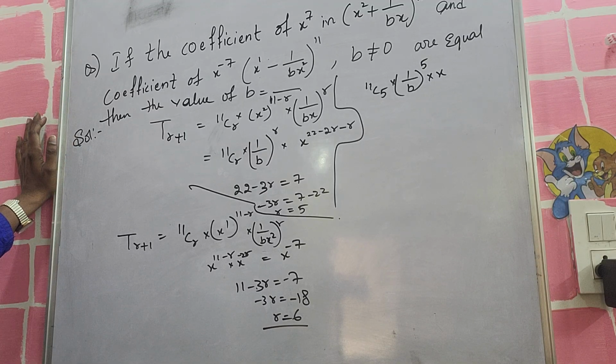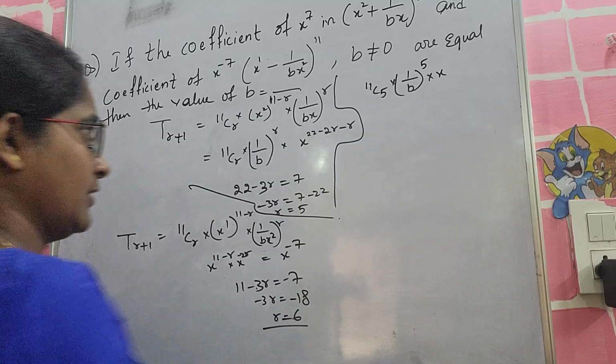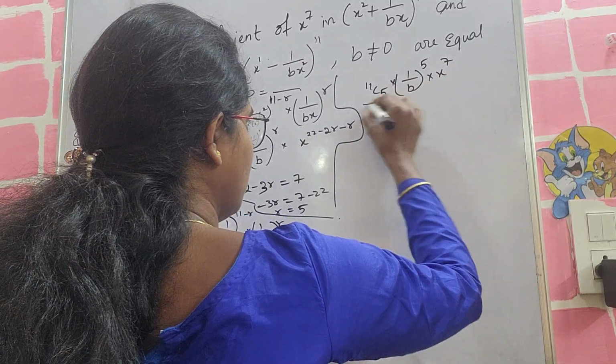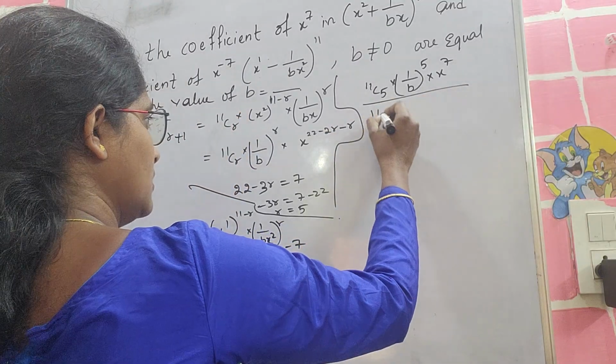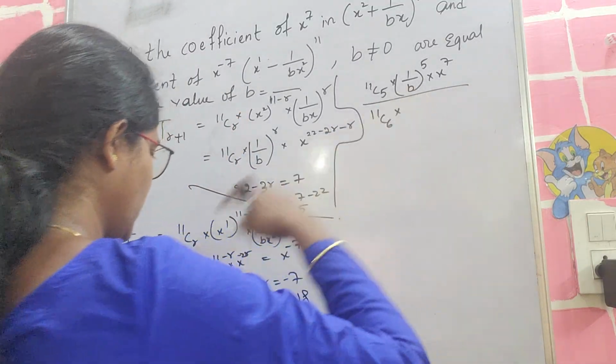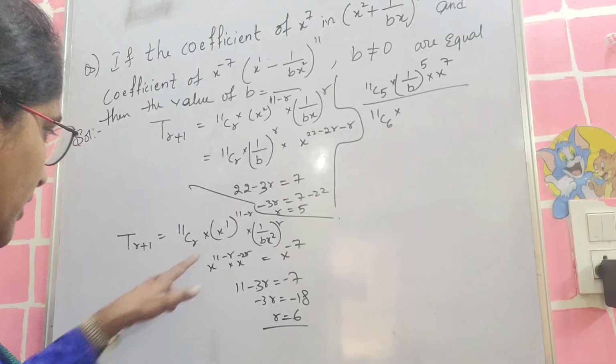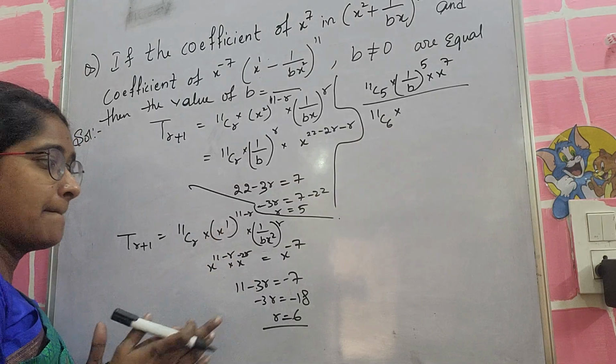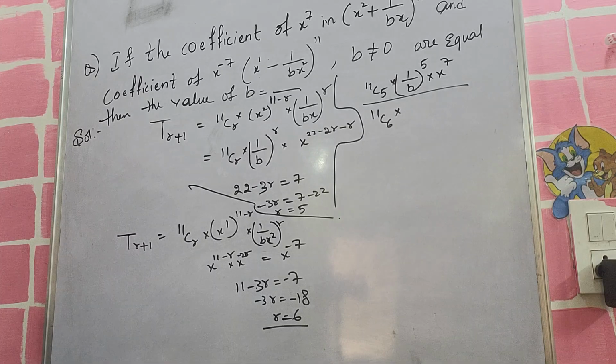How much is the value? 10 minus 5, 15. 15 means it's 7, right? Yeah, 7. So this 7 on both sides is going to be cancelled, and this is 6, into here it is x powers, all will be x to the power of minus 7.